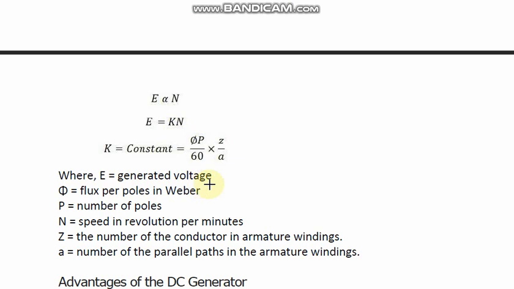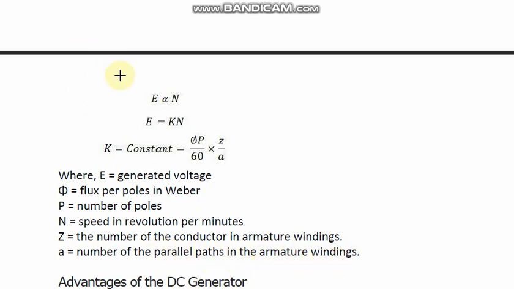Here E is the generated voltage, phi is the flux per pole in Weber, P is the number of poles, N is the speed of revolution per minute, that is RPM, Z is the number of conductors in the armature windings, and A is the number of parallel paths in the armature windings.